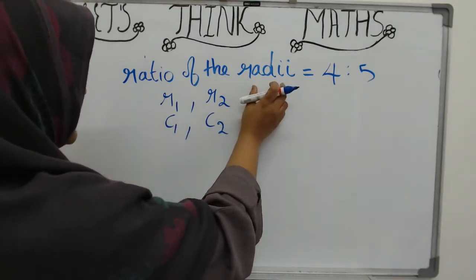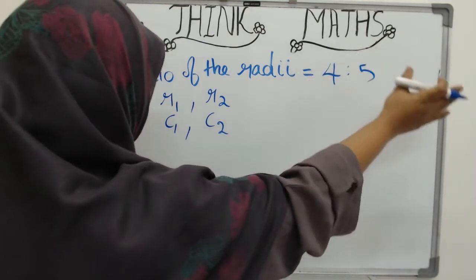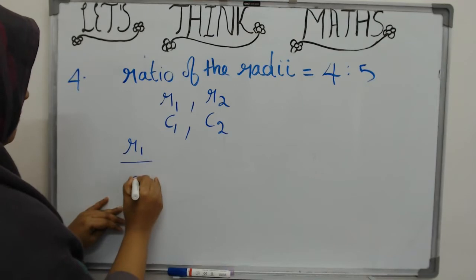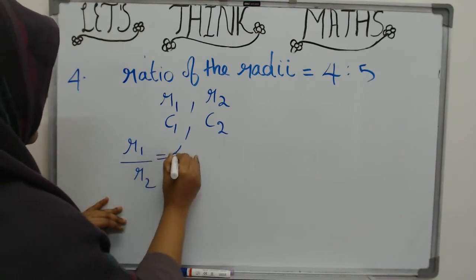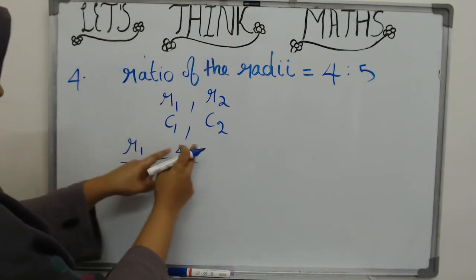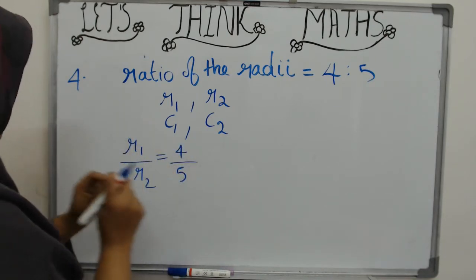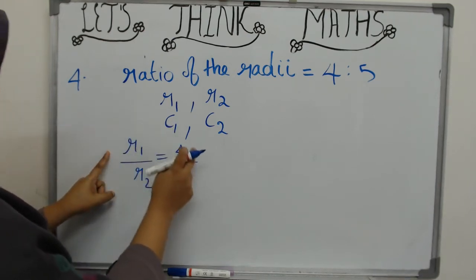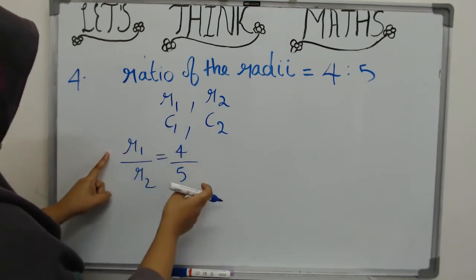Now, when you say the ratio of the radii is 4:5, it means that R1 by R2 is equal to 4 by 5. Does this mean that R1 is 4 and R2 is 5? No. It means that whenever R1 is 4, then R2 is 5.